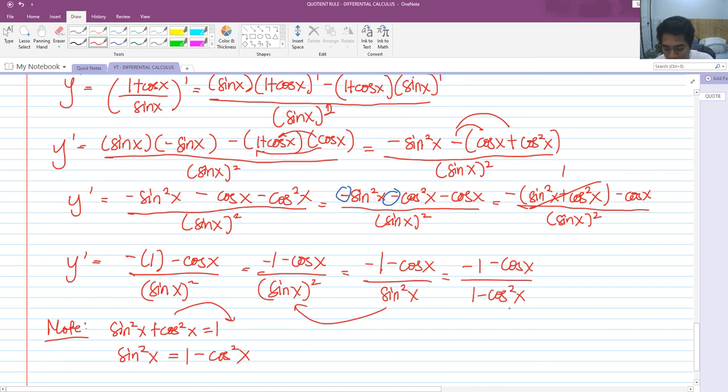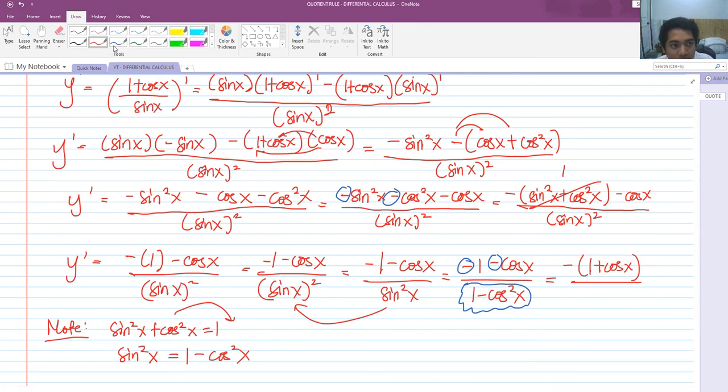Okay? And then, again, factor out the negative sign here, we will be having the numerator as 1 plus cosine of x. And of course, if we are really careful in seeing this, this can be the product of two squares difference. So we have 1 minus cosine squared x is simply equal to 1 plus cosine of x times 1 minus cosine of x.